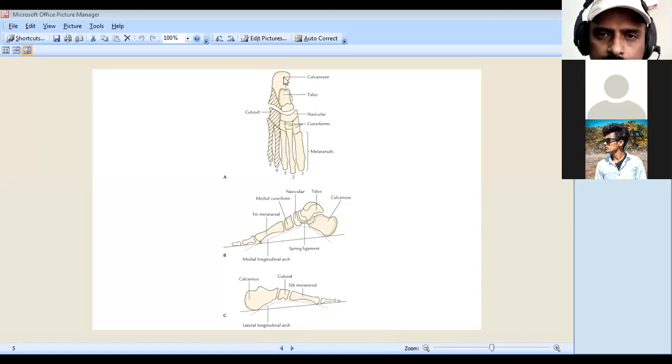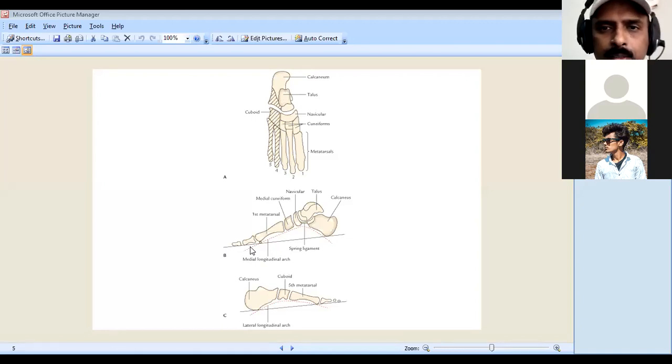One thing to remember once again, this is a foot. We have all the bones, tarsal bones and metatarsal bones. Phalanges do not take part in the formation of the arch.